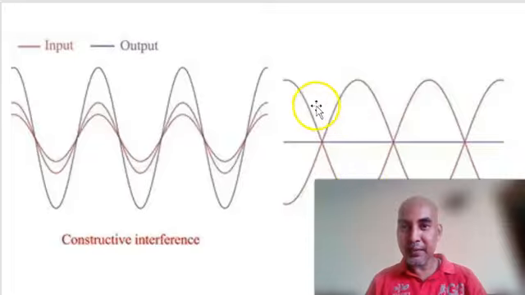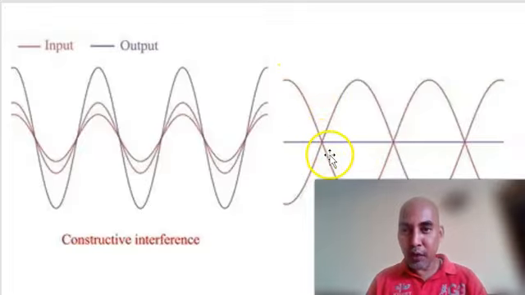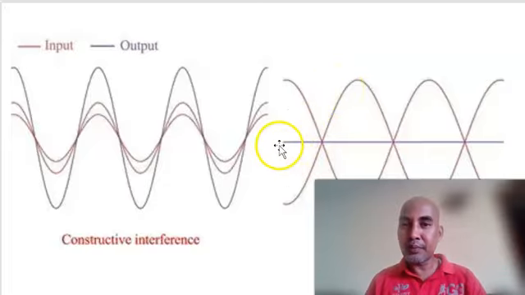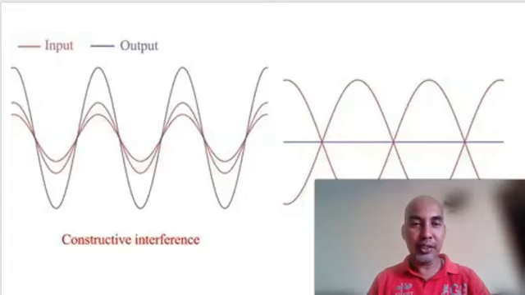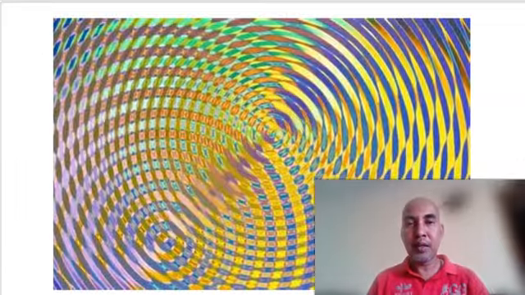Whereas in the second case, one wave goes downwards, the other goes upward, so automatically the output is zero if they are equal. This is destructive interference. So the states or the electrons will interfere with each other, producing either a constructive pattern or a destructive pattern like this.